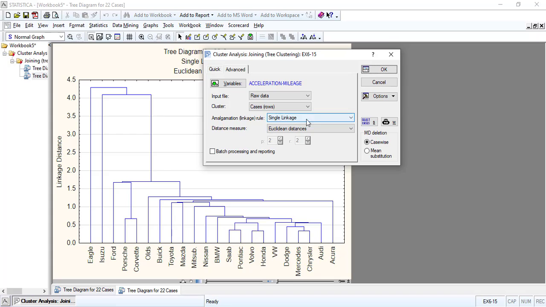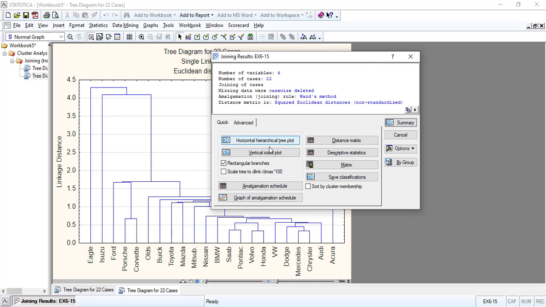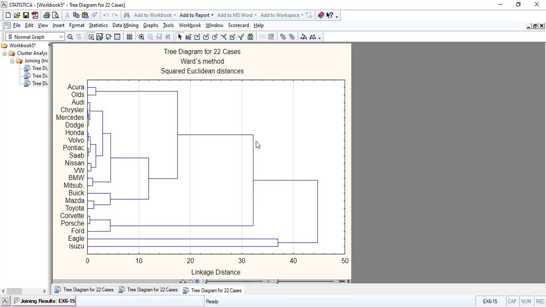Yes, you can change it to Ward or squared Euclidean distance. Ward. Last one. And yes, squared Euclidean distance. Okay, it's okay. You check the tree. Which distance should be a little better, right? Isuzu and Eagle could be in the same group.